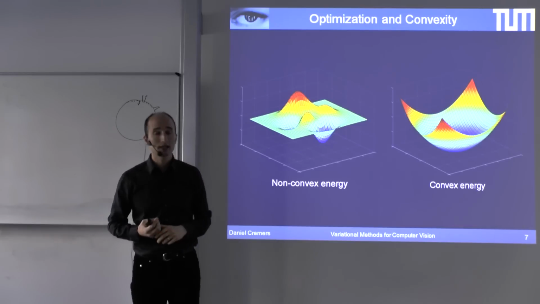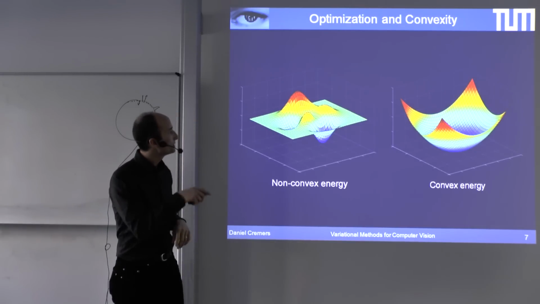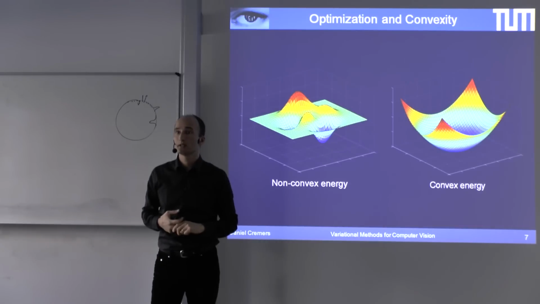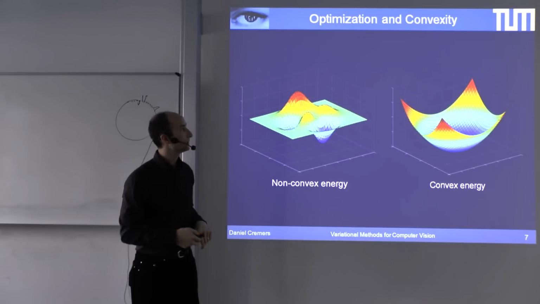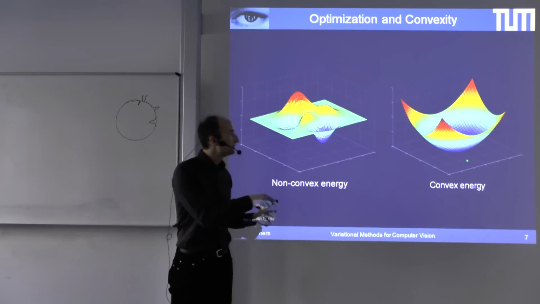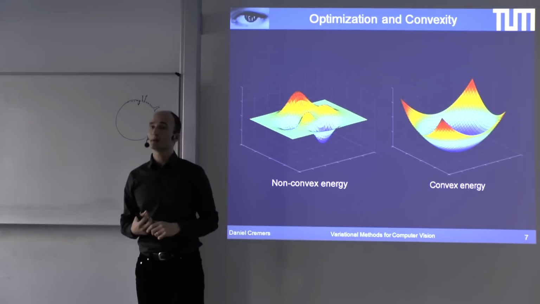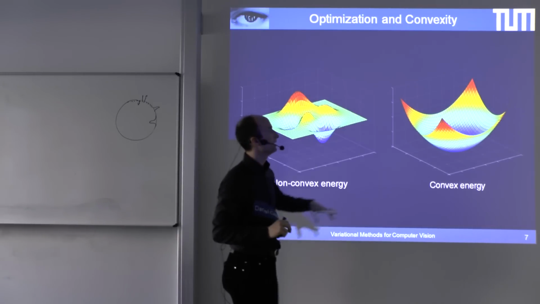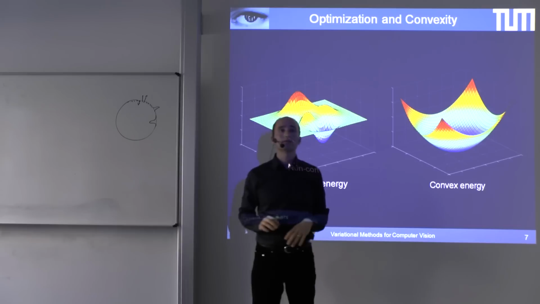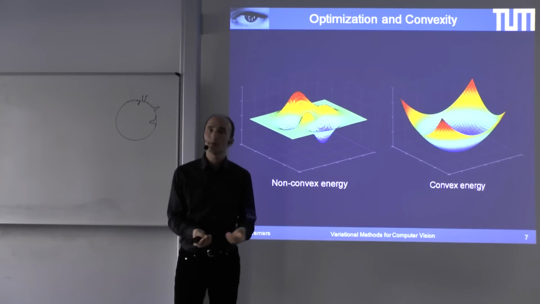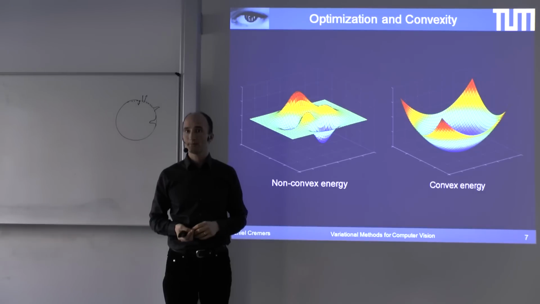The other thing, as I said, we will learn is how you can go from a non-convex energy to a convex one. Why would that be good? Well, with a convex energy, you can actually efficiently find the globally optimal configuration. That's a little bit, I should admit, simplified. If you have an arbitrary convex energy, it's not always clear how you get to the minimizer in the fastest way.